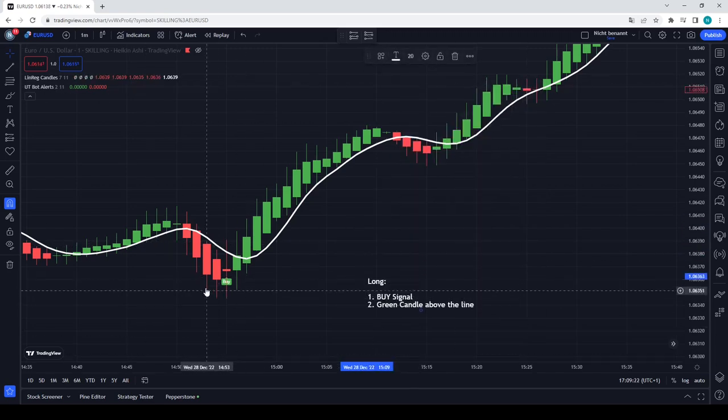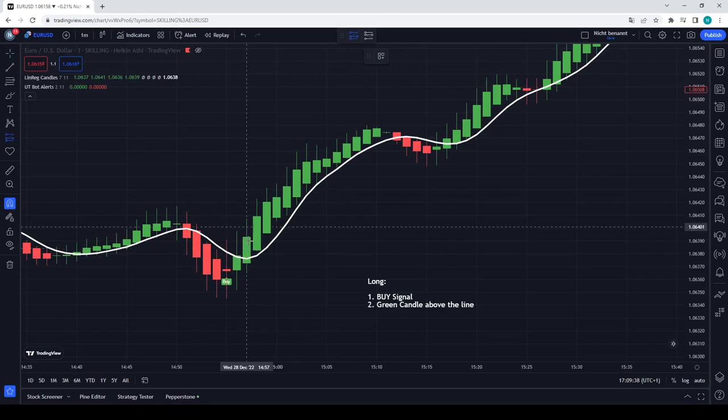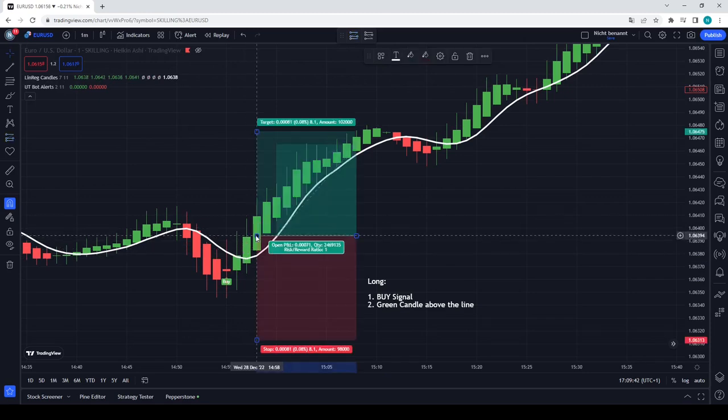As you can see here, we get a buy signal and the chart is turning around. We get the first green candle, but this isn't closing above the EMA, or maybe only very, very close above the line. But we take the second one, as this one is closing definitely above. So here we are going to enter our trade.